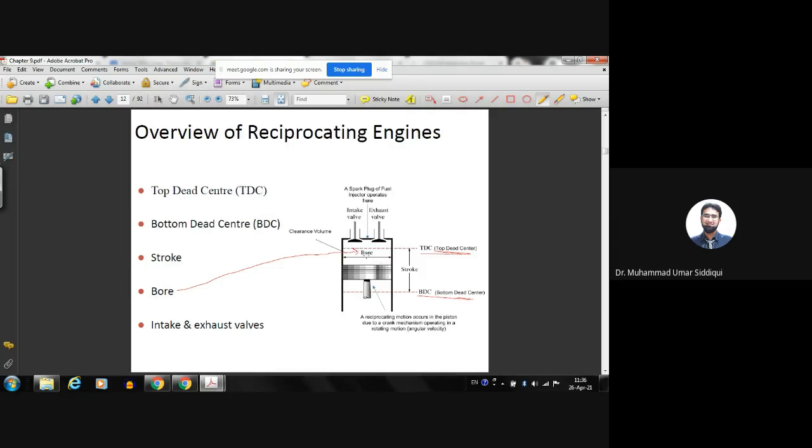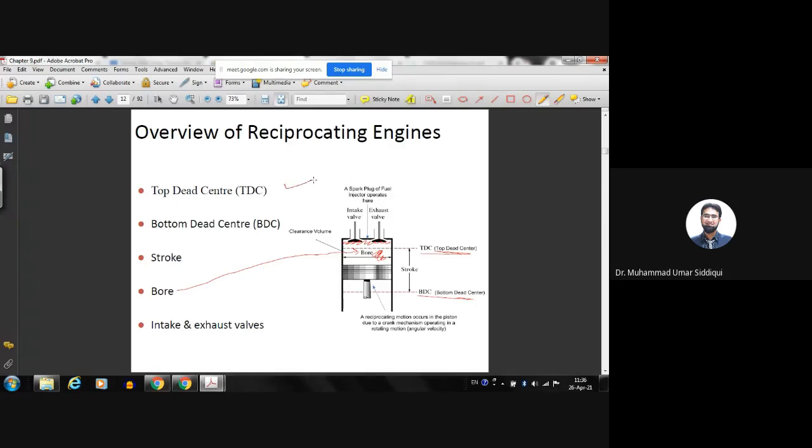Inside the cylinder we have the working fluid. When the piston is at the top dead center, the working fluid is totally compressed, so it is compressed to this region only. And when the piston is at the bottom dead center, that is the maximum possible volume inside the cylinder.